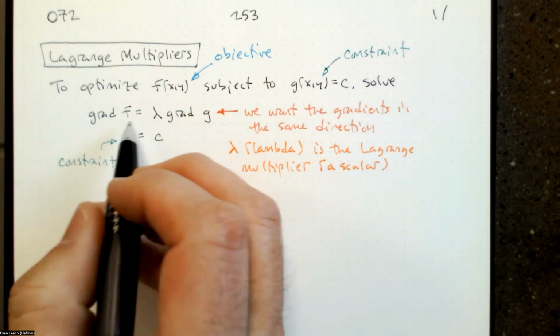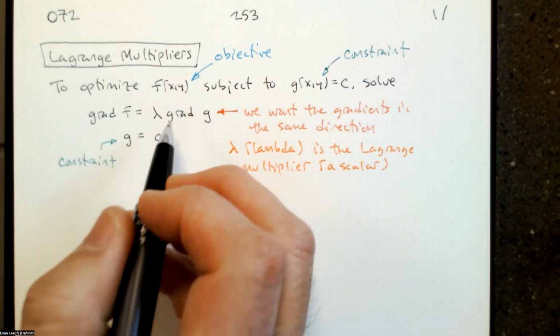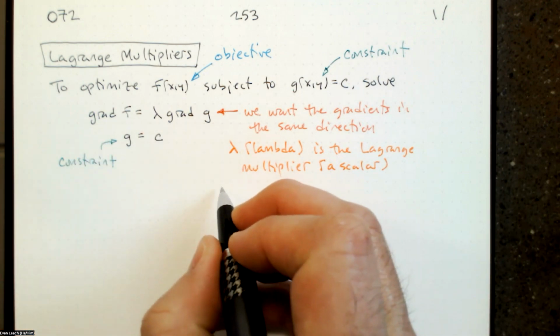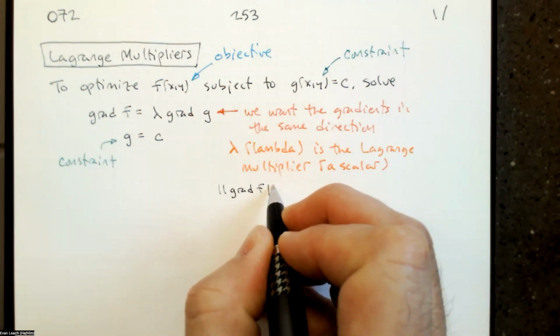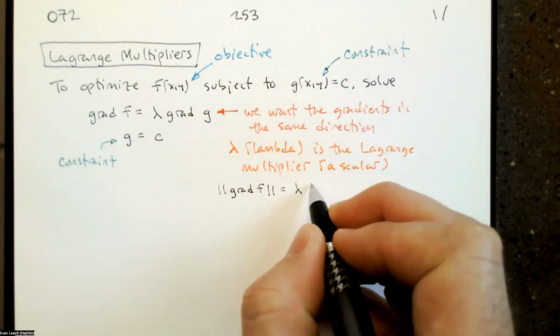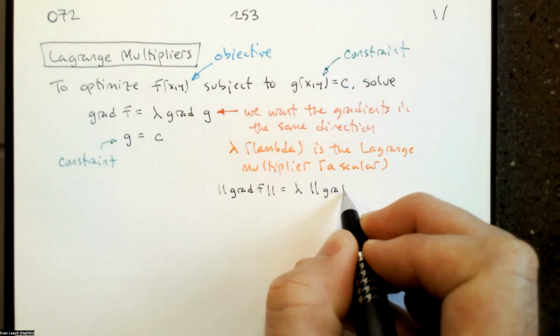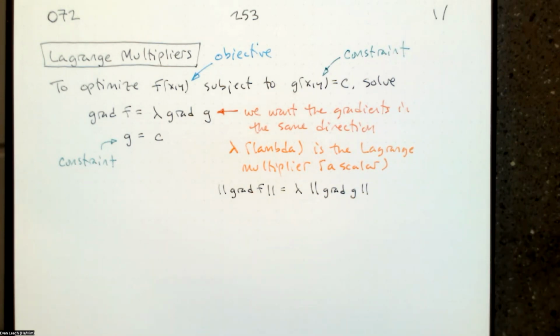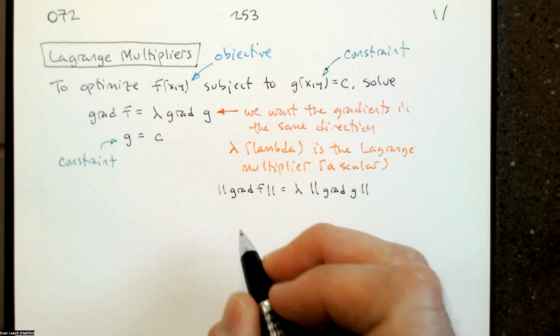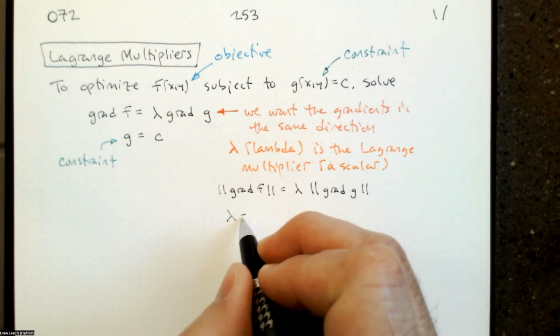If the gradient of f is equal to lambda times the gradient of g, then the magnitude of the gradient of f is equal to lambda times the magnitude of the gradient of g. So if we solve for lambda by dividing by the gradient of g, lambda starts to look like a rate of change, which is how we can interpret it.